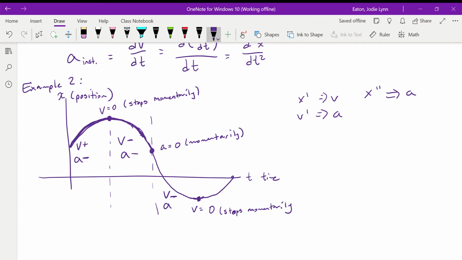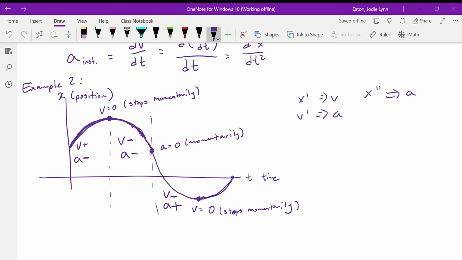Acceleration: we are concave up, so our acceleration is positive. If we're going in a negative velocity, we're going backwards, but we're accelerating in the positive direction, that means we're slowing down. And so here we can see v equals 0. We stop again momentarily, except this time we were heading in the other direction.